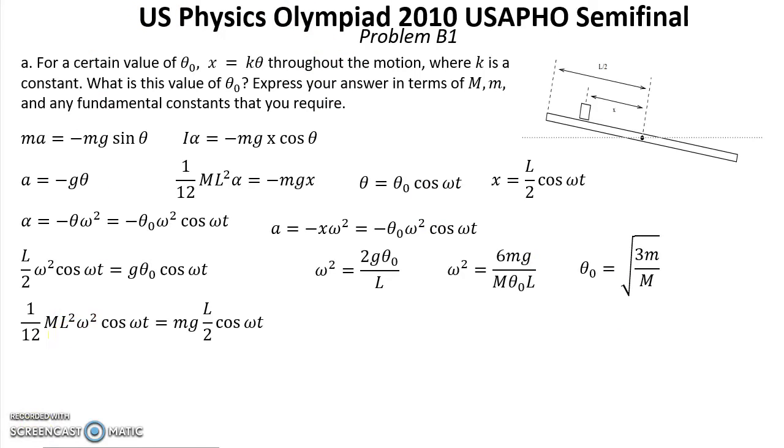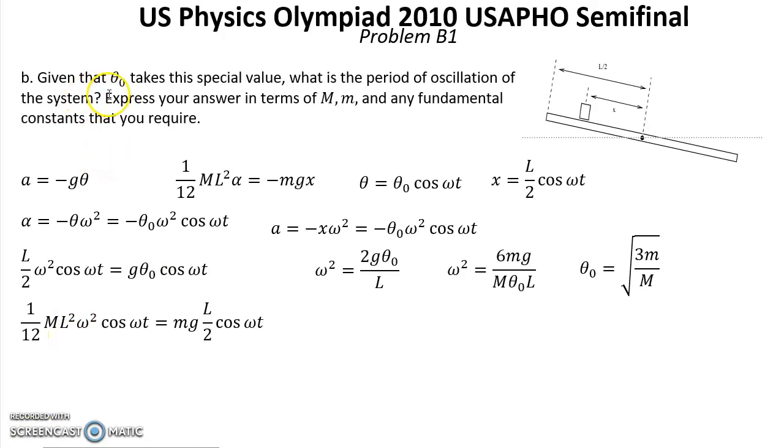Question B. Given that θ0 takes this special value, what is the period of oscillation of the system? Express your answer in terms of big M, small m, and any fundamental constants you require.